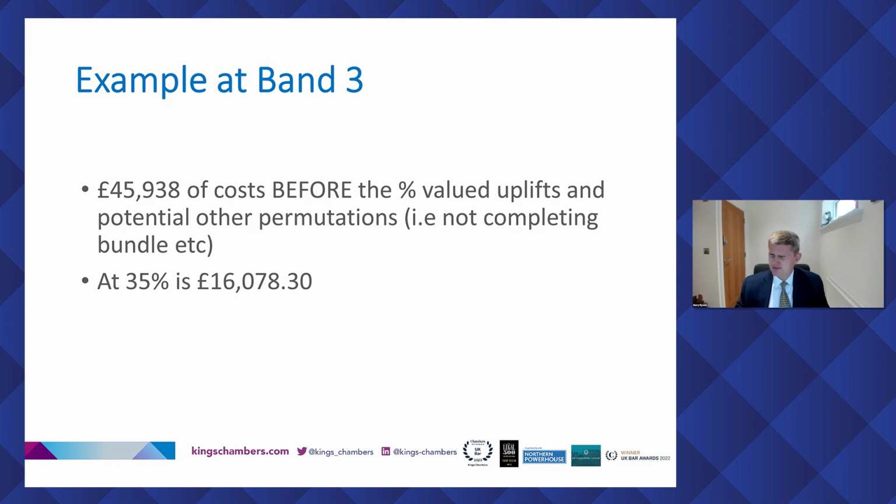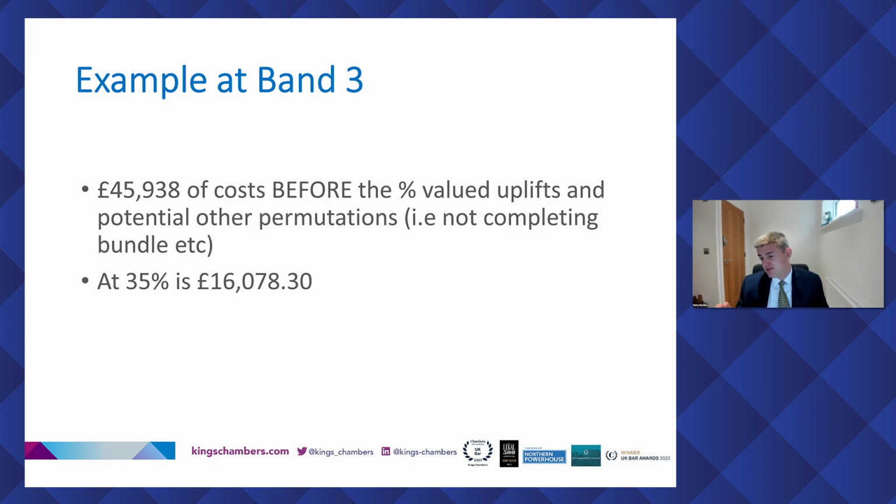So I've done the example, as I've said, on a band 3 case. I've done the maths looking at the table in the practice direction, and we have just about £46,000 of costs in an example where the offer expires between witness statements and experts. So the claimant will get 35% of stages 6, 7, 8, 9, 10 and 11.